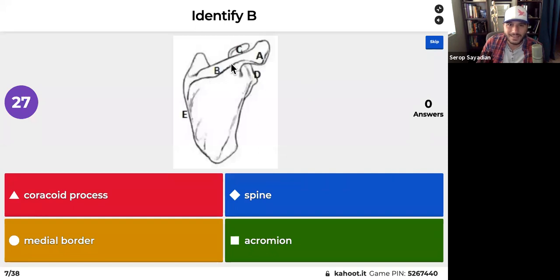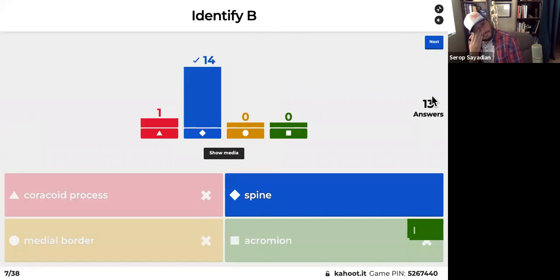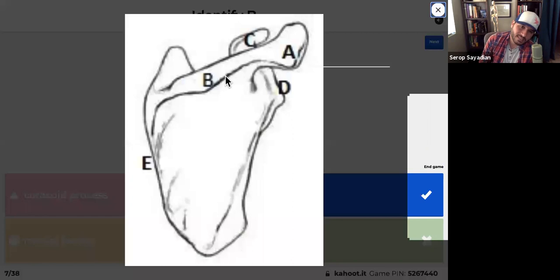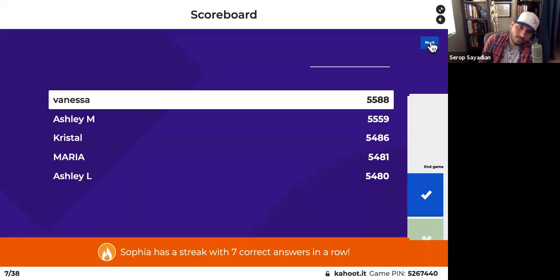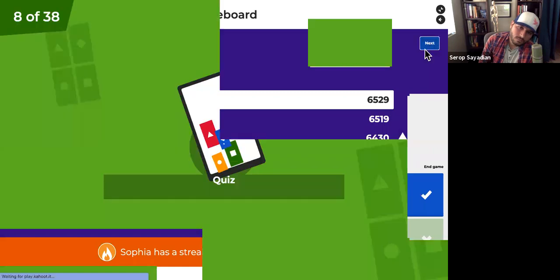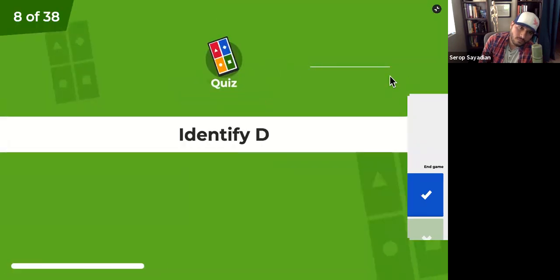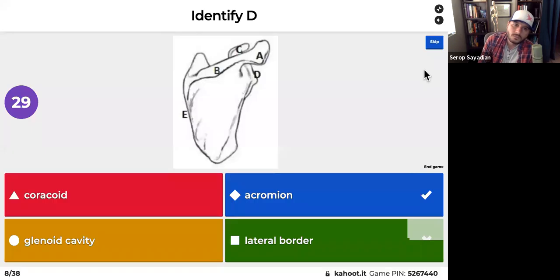What is B? Good. That diagonal piece is the spine. What is it? It's hard to see, but it's the little cavity right there, the socket.